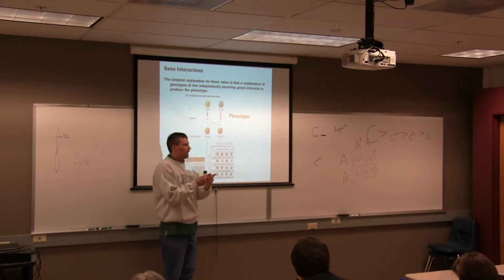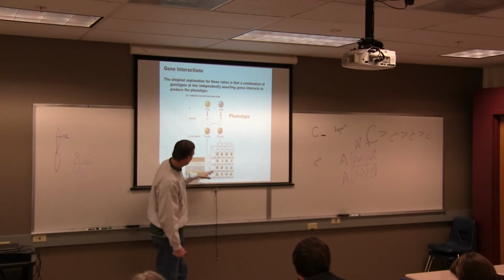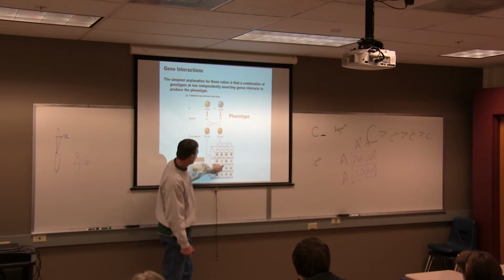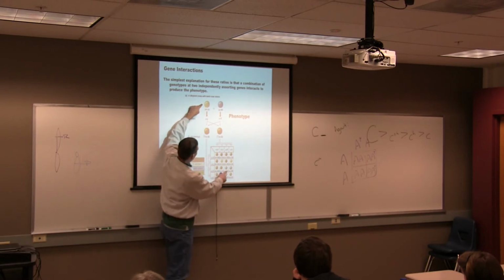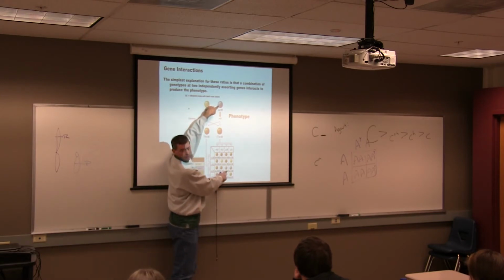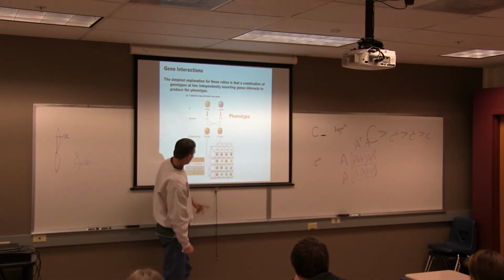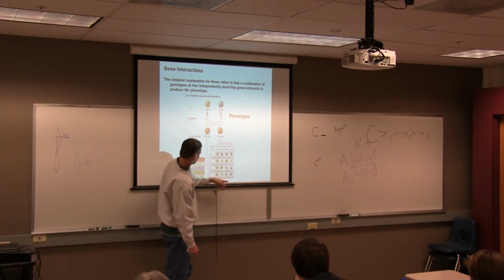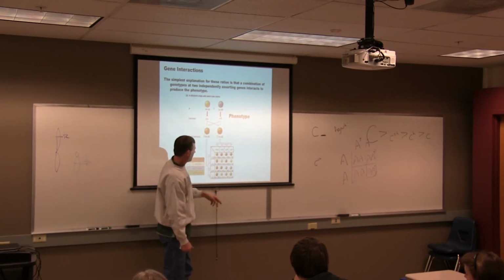And if you don't pursue it down to another generation, you'd walk away with that mentality, right? Now when we cross these together, because we get recombination, we get our parental back. We get capital A, little b, so this guy does in fact look like the parent. And we get little a, capital B, and we get this parent back. But we also get the same as the F1 here. The F2 has the same as the F1, and that would actually be one of these guys right there. It's technically genotypically the same. But we actually get green.